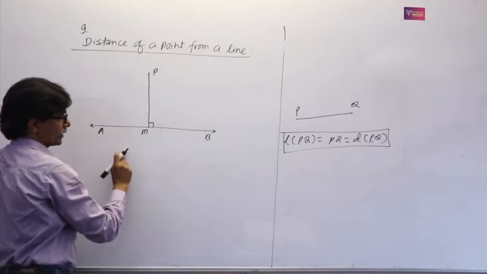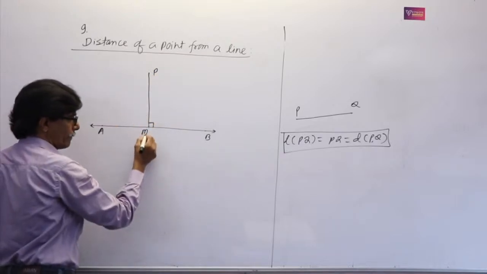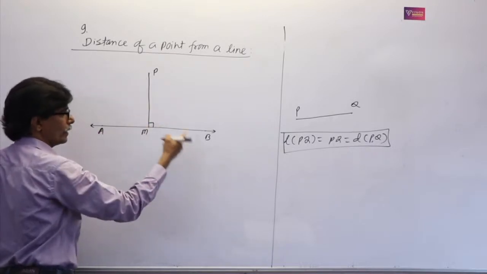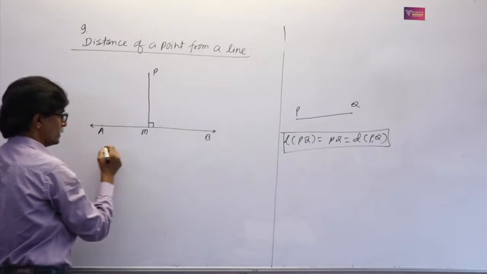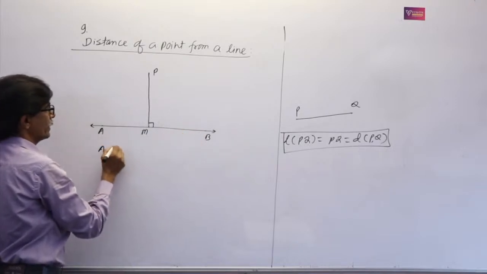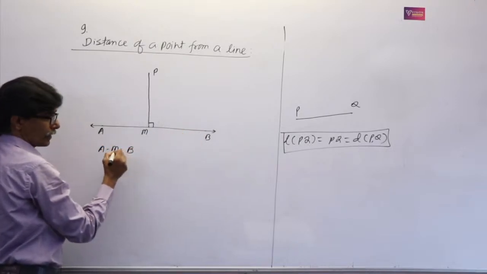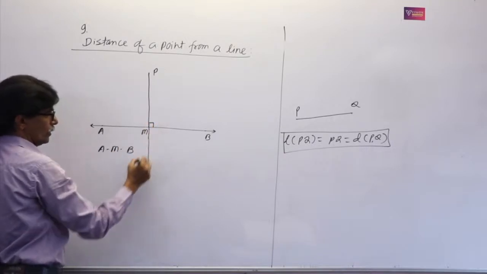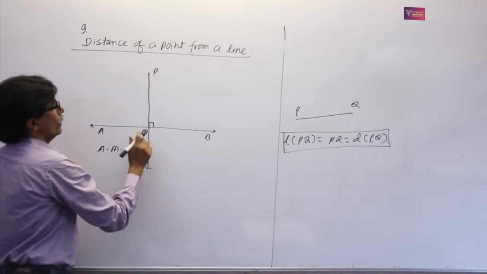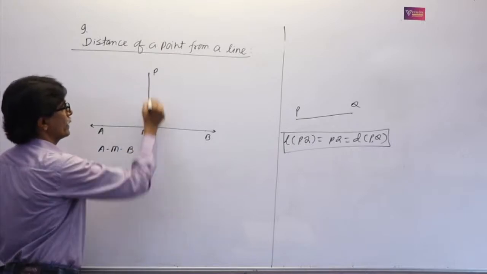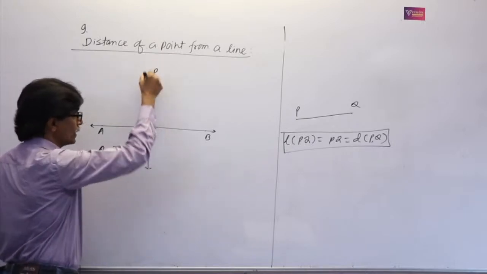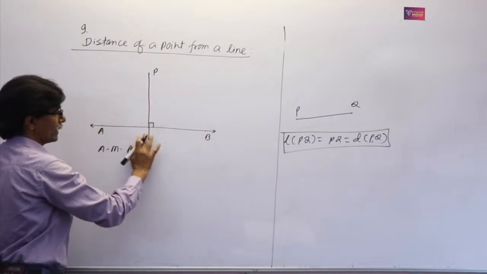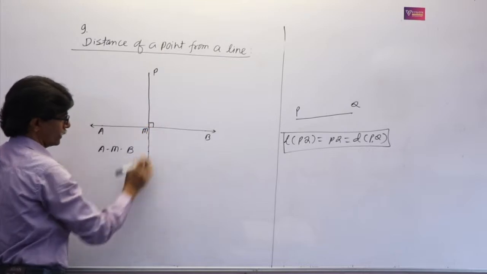But one condition is there: this point M at which that segment intersects AB must lie on line AB. Means there should be the betweenness A-M-B. Clear? So this can be extended like that also. You should know that one. So point M may be here, any point, but we want that point on this segment which is on line AB, where that intersection is, that point is on AB.